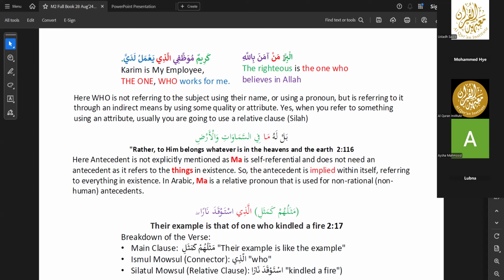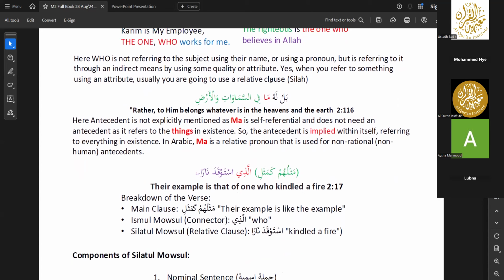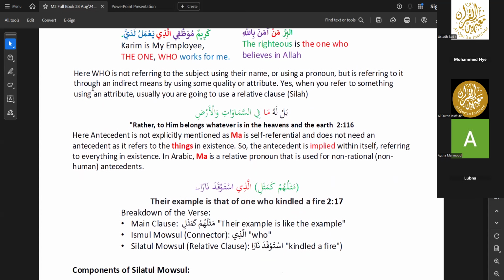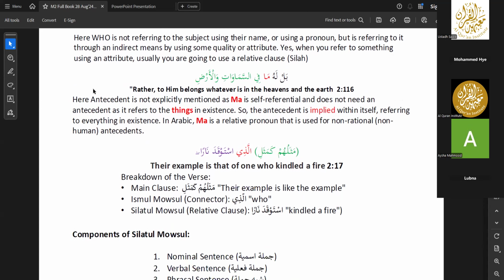Anyone confused about this? No. Okay, let's move on. When you refer to something using an attribute, it is a relative clause, sila. There's a question.